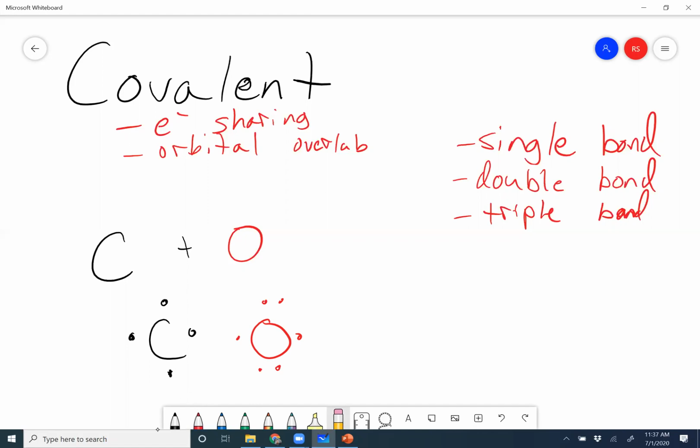So when we put these guys together, like so, you'll notice that we have lots of bonding electrons that we need to do something with. So what we're going to do is move this electron down here. And now we can have a double bond. 1, 2.